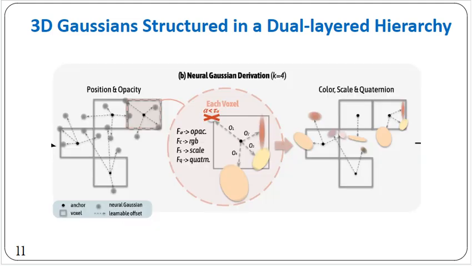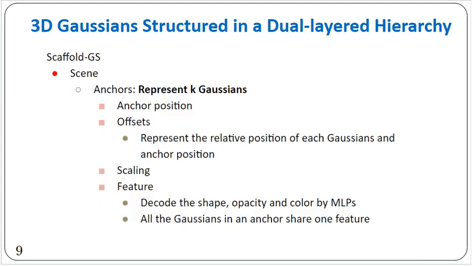From this figure, we can see that the black dot is the anchor, and this anchor has K 3D Gaussians. With the offset, we can get the Gaussian position.